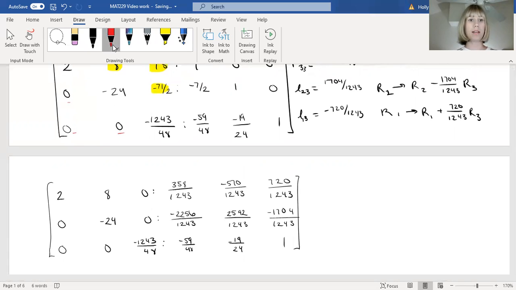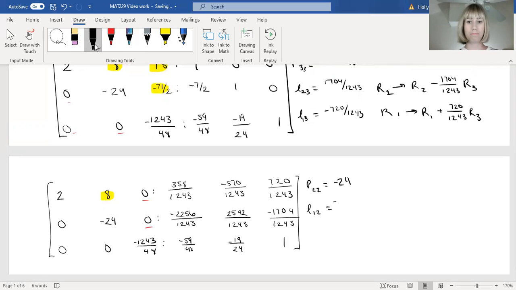As you can see, we got these 2 reduced into 0, perfect, and now we need to reduce 8 into 0. So our final row operation to get this into a diagonal form, we will be using the second pivot, which is negative 24. Our multiplier for the position 1,2, since that is the one we want to eliminate, will be negative 1/3.